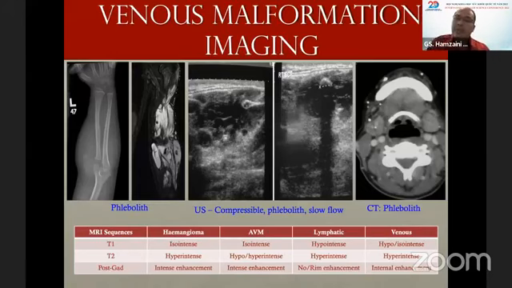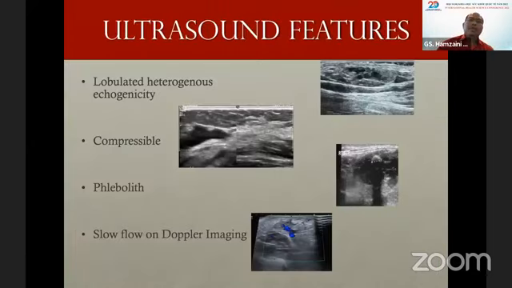What is best with ultrasound is you can do compression while you are imaging the patient. And this is a phlebolith, and CT sometimes may show a calcified phlebolith. So ultrasound features a lobulated heterogeneous lesion, and it is compressible.